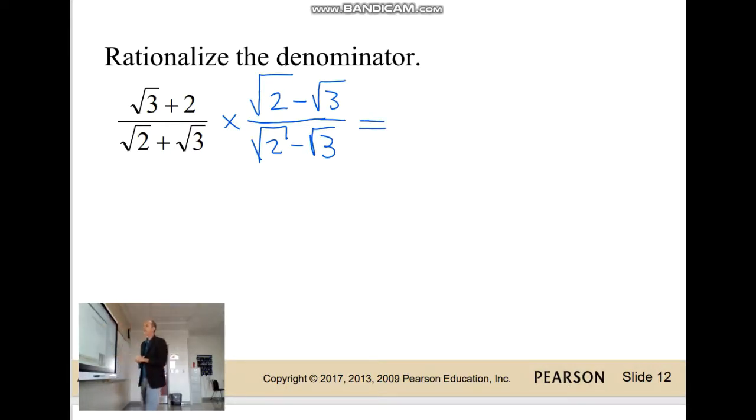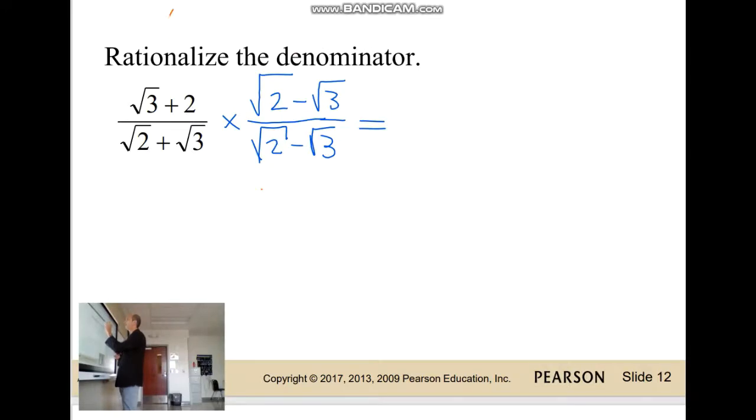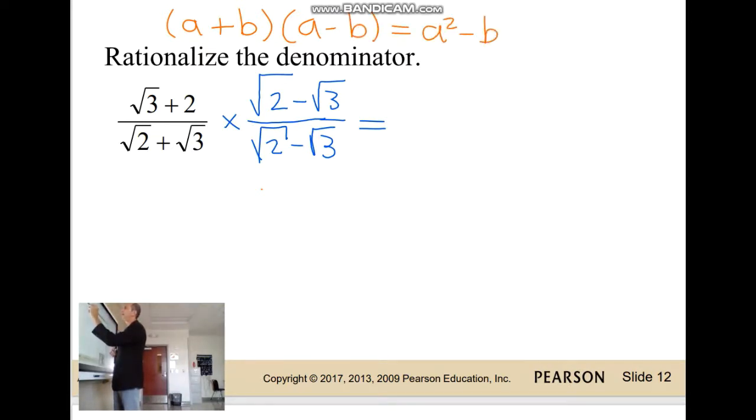And remember the special product, I will write it down again here so you don't forget. A plus B times A minus B equals A squared minus B squared. This is supposed to be a 2 squared. Great.